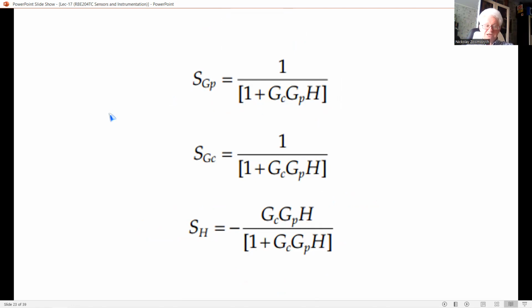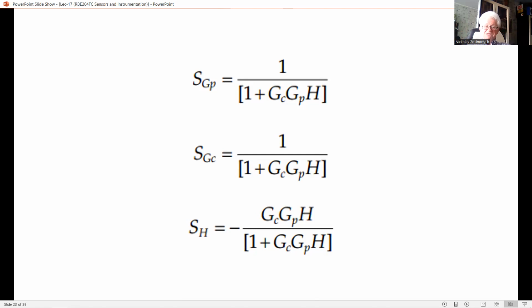It is clear from these three relations that as the static gain or DC gain of the loop is increased, the sensitivity of the control system to changes in the plant and the controller decreases, but the sensitivity to changes in the feedback or measurement system approaches negative unity.